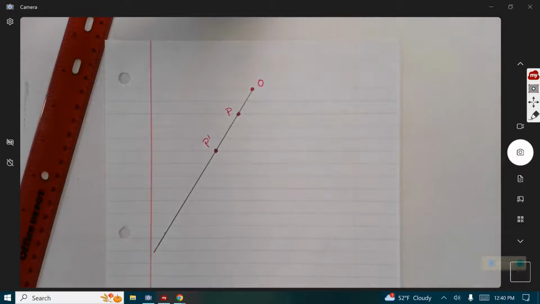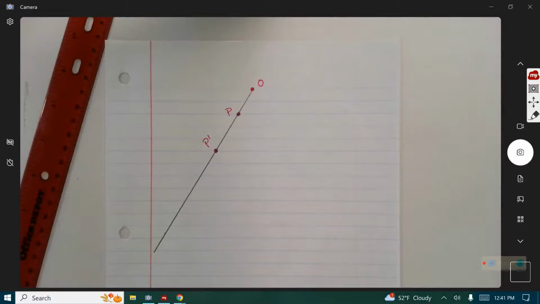In our previous lessons, we used a ruler to find the distances between points. Earlier, I referred to this lined paper as a tool because it's evenly spaced and all those lines are parallel. How can those features be helpful in finding the distances?